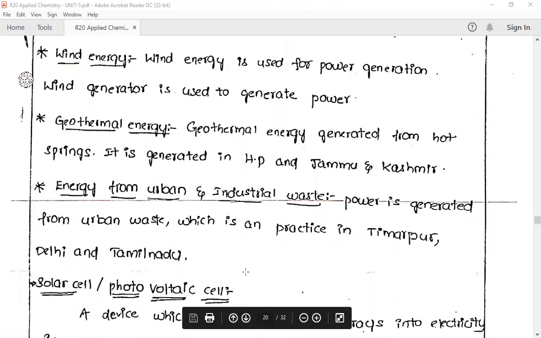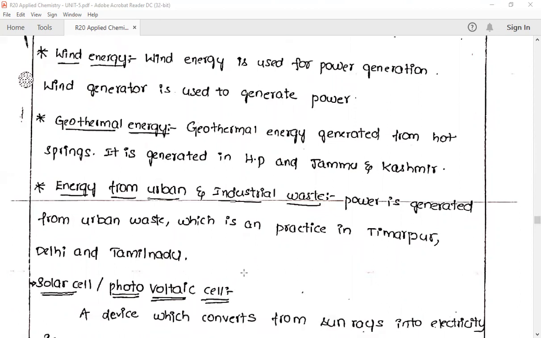Coming to the non-renewable energy resources. What I told above is all about renewable or non-conventional energy resources. Coming to the non-renewable or conventional energy resources: those are energy resources which can be exhausted one day and cannot be used repeatedly.